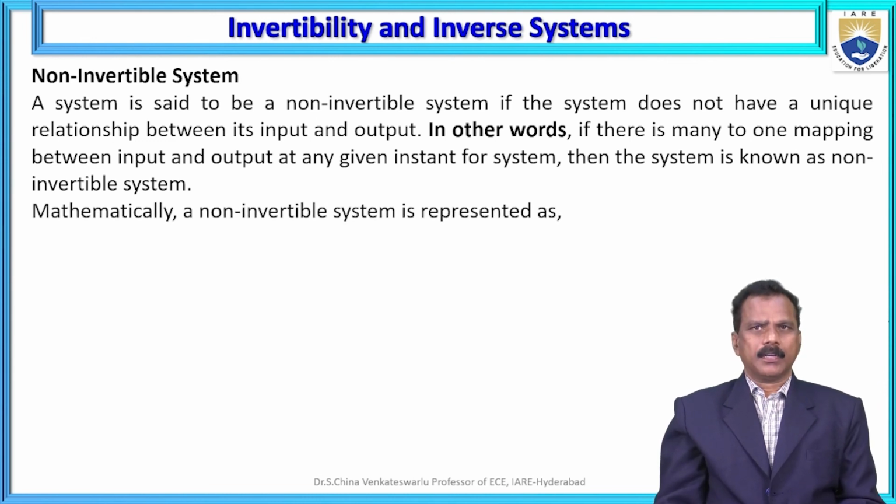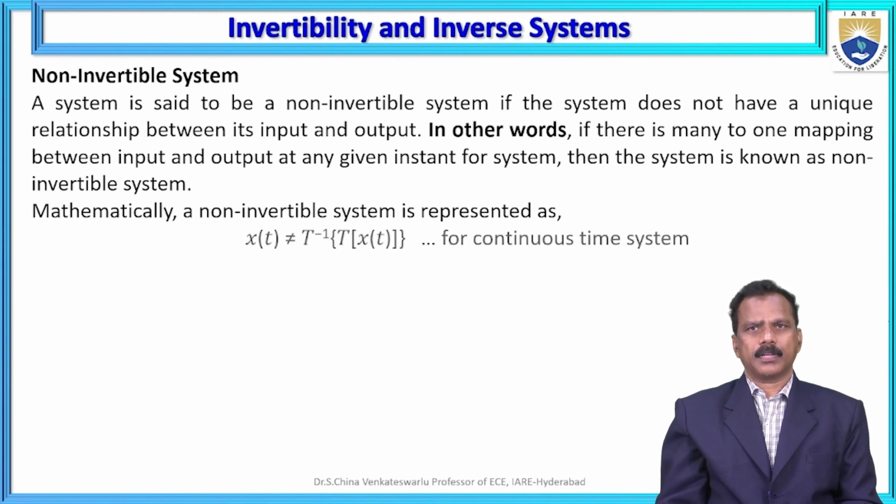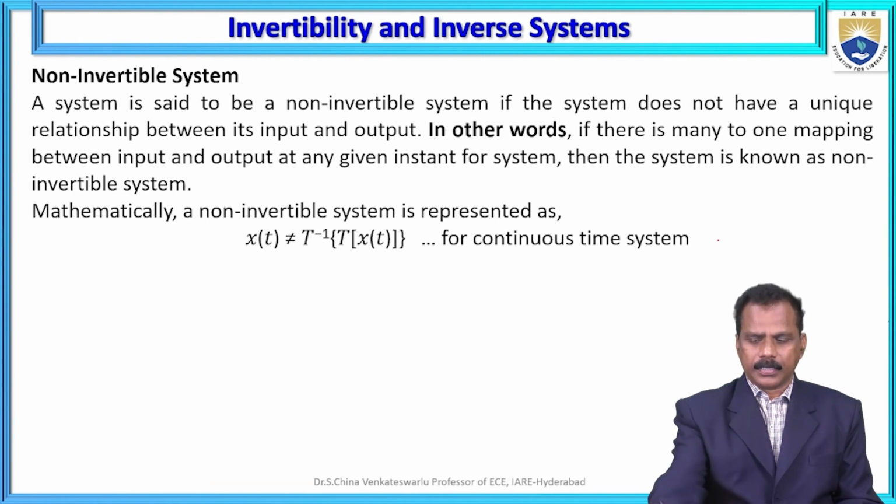Mathematically, a non-invertible system is represented as x of t not equal to T inverse of T of x of t for a continuous time system.